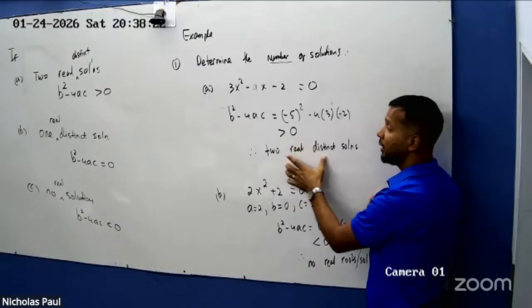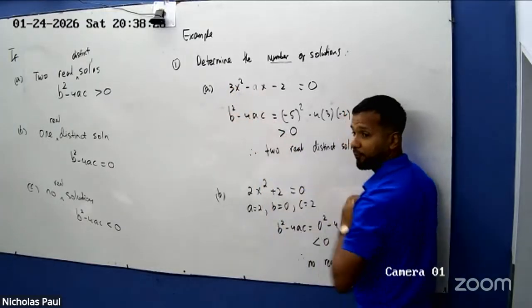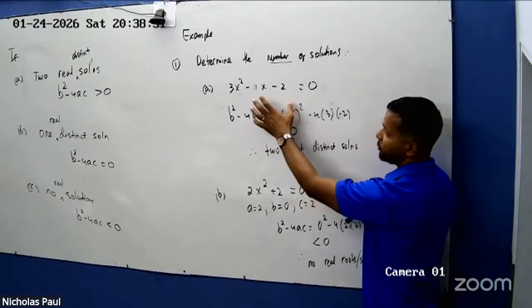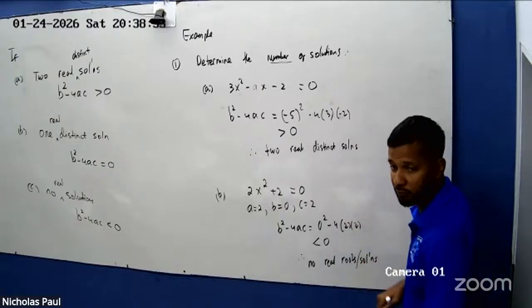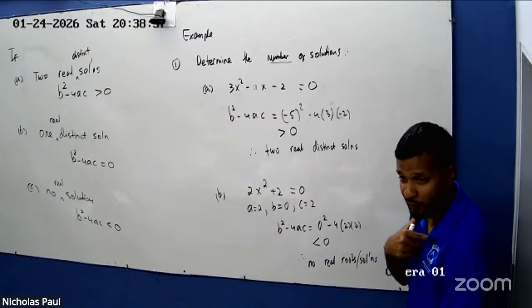Then you plug in a, plug in b, plug in c, and solve, and you'll be able to get the value. So we're going to go in reverse now. Are you okay with that?